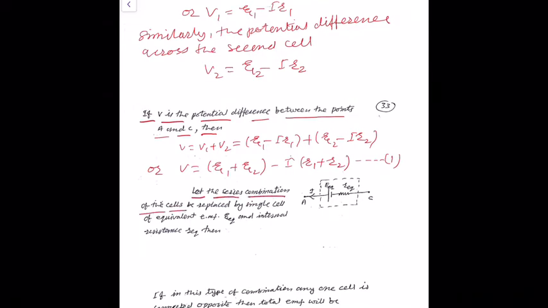Let the series combination of the cells be replaced by a single cell of equivalent EMF E equivalent and internal resistance r equivalent. Then V is equal to E equivalent minus I times r equivalent.